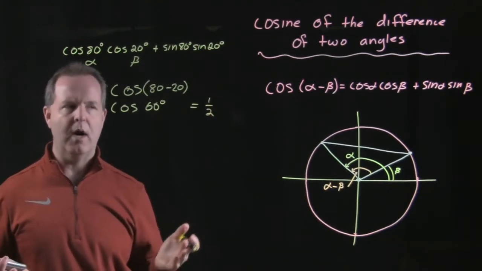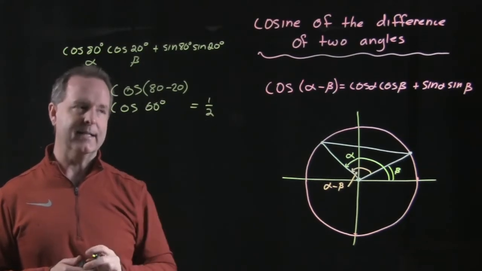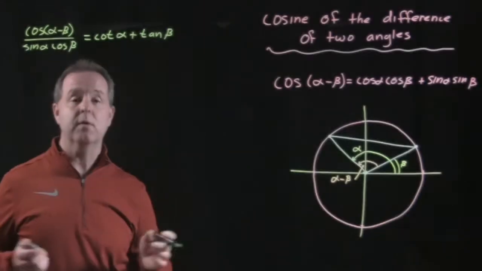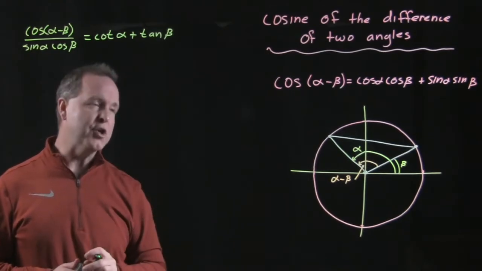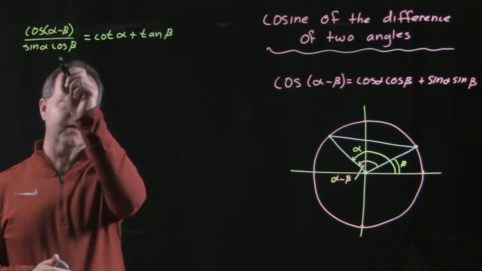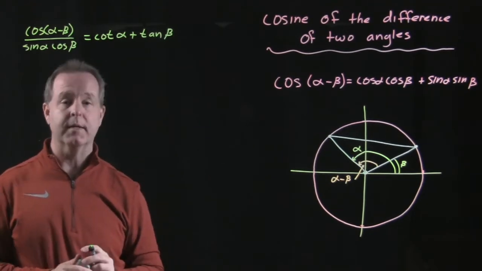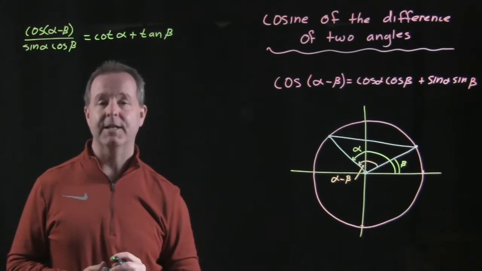So maybe once in a while we want to be able to identify these identities from both sides of that equality sign. We can also verify some additional identities based on our new identity that we were able to develop earlier. So I have the cosine of alpha minus beta all over sine alpha cosine beta equals cotangent of alpha plus tangent of beta.